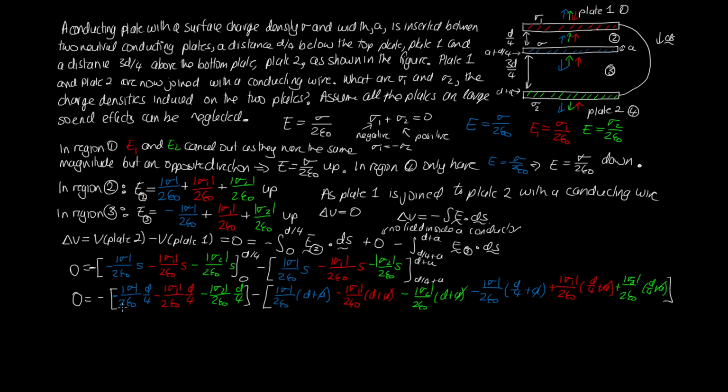Each of the terms has a 2 epsilon naught and a d in it now that we've cancelled out all those a's. So let's cancel all of those out. We can do this because it's equal to 0.